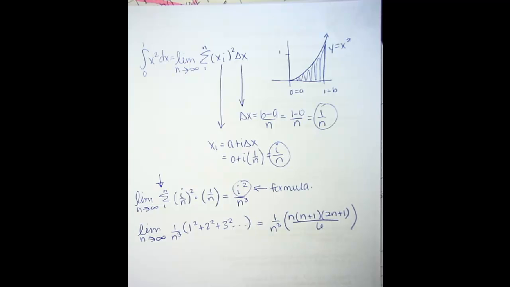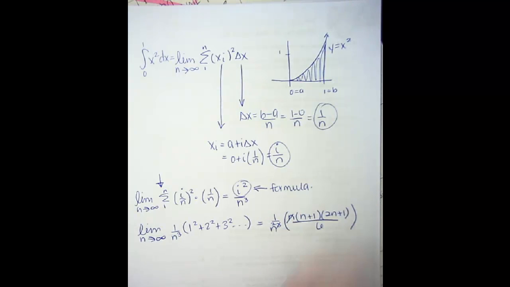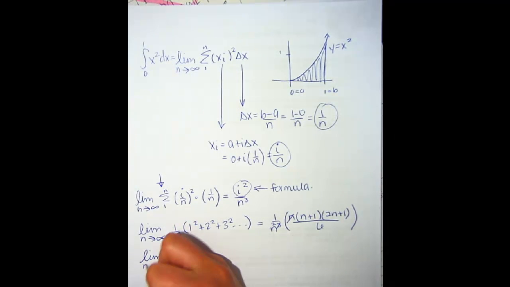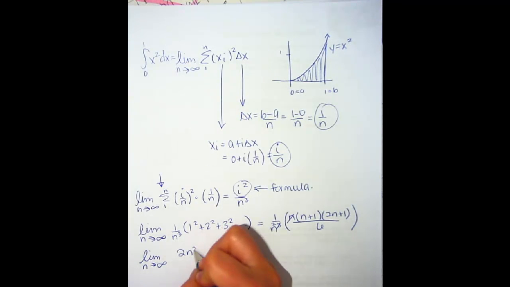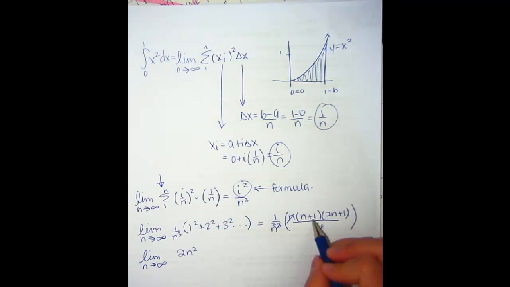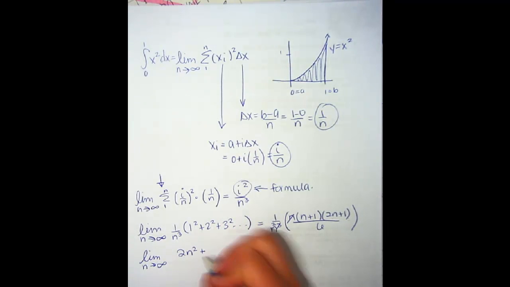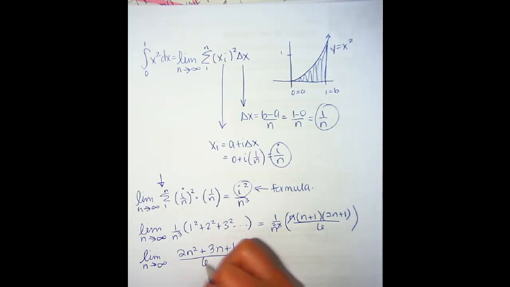Now this is just algebra, so we're going to take the limit of whatever this is. So I'm going to cross out an n and make that n squared, okay? And I'm literally going to just FOIL these and combine n's and see what I get. So the limit as n goes to infinity of 2n squared, so first side inside last, plus 3n plus 1 all over 6n squared.